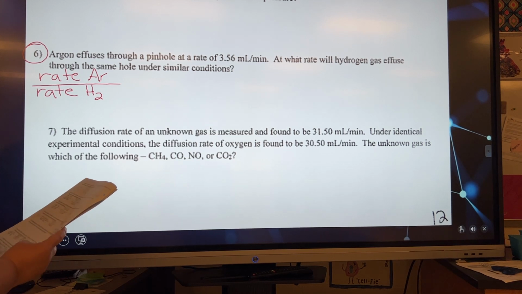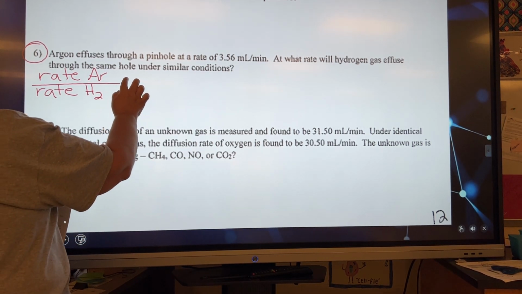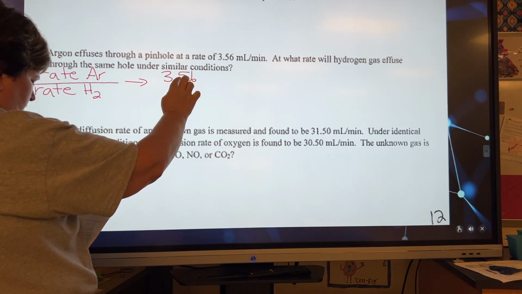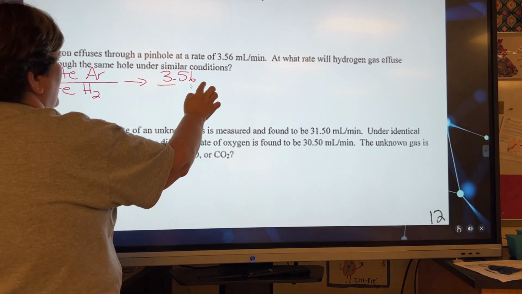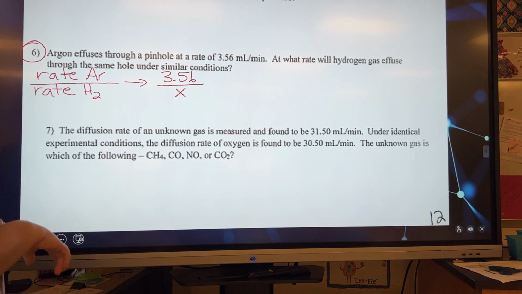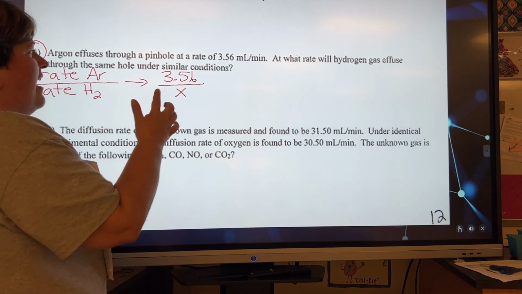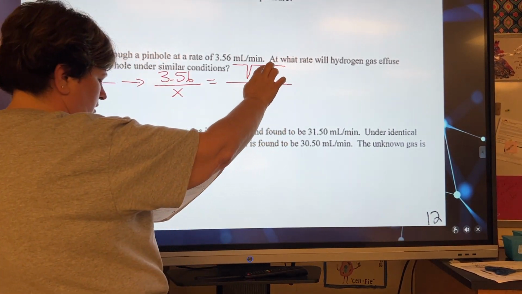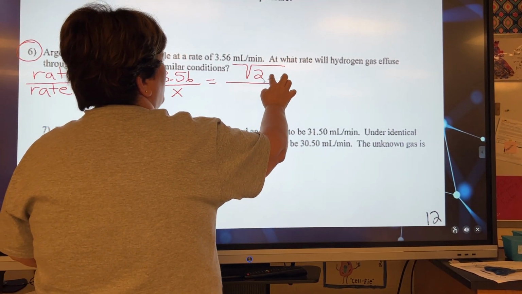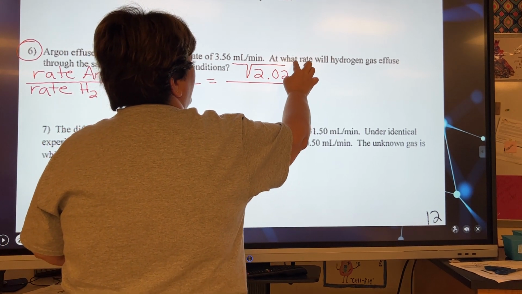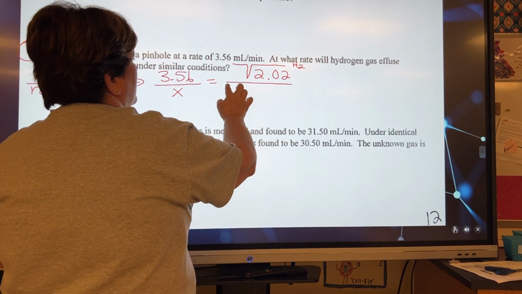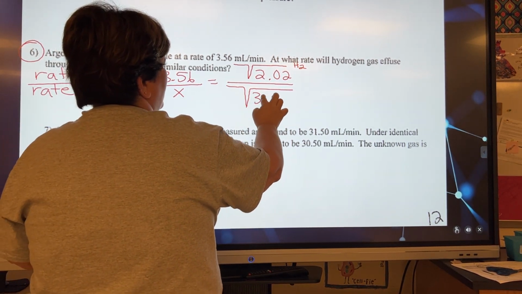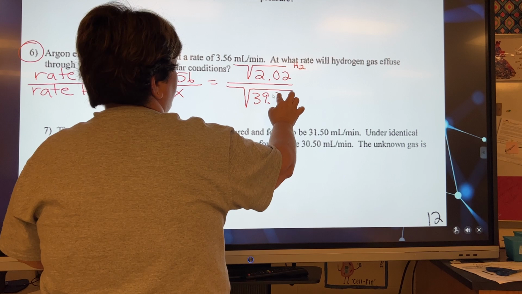And they're telling me the rate of argon, so this is 3.56. Oh, I don't know the rate of hydrogen, but I have that equation, right? I have the molar mass. This is the molar mass of hydrogen. I'm going to put H2 up here in the corner. And the molar mass of argon is 39.95.